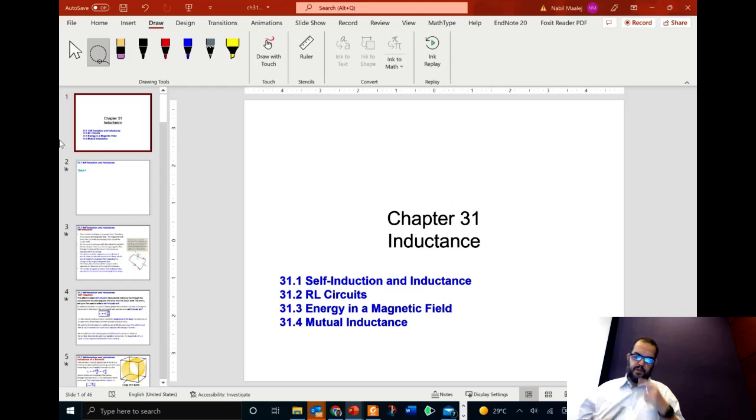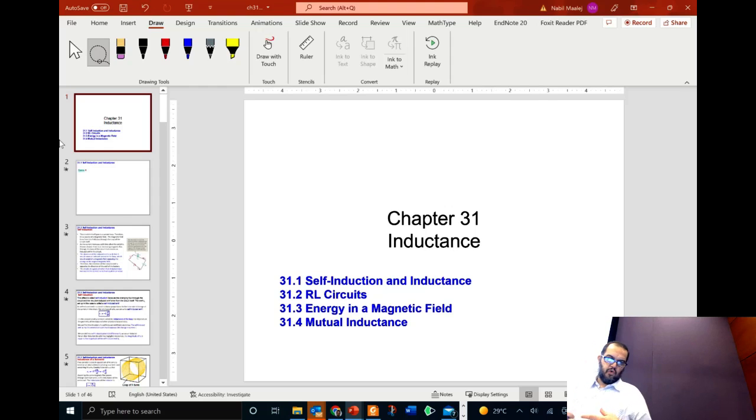First of all, we'll speak about self-inductance, then the RL circuit. Unfortunately, we're not going to do RLC circuits, even though they are covered in the chapter. We will speak about energy stored in a magnetic field. Like we had energy stored in an electric field for a capacitor, we will see that we can also store energy in a magnetic field in an inductor, and we will close by speaking about mutual inductance.